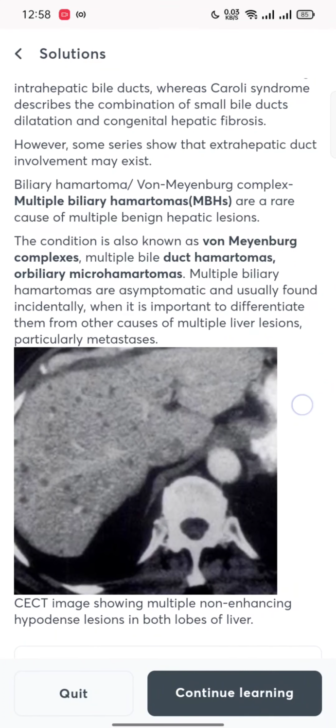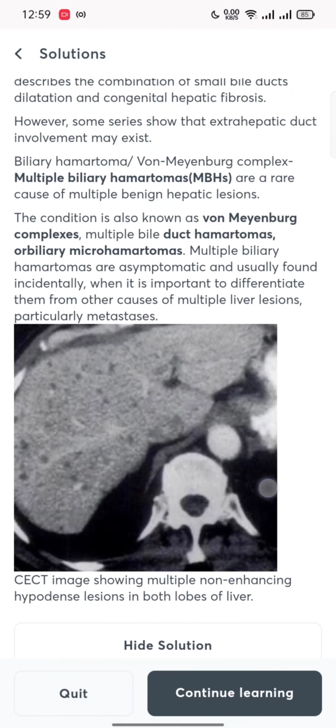Biliary hamartoma, von Meyenburg complex or multiple biliary hamartomas (MBH) are a rare cause of multiple benign hepatic lesions. The condition is also known as von Meyenburg complex, multiple bile duct hamartoma or biliary microhamartomas. Multiple biliary hamartomas are asymptomatic and usually found incidentally.